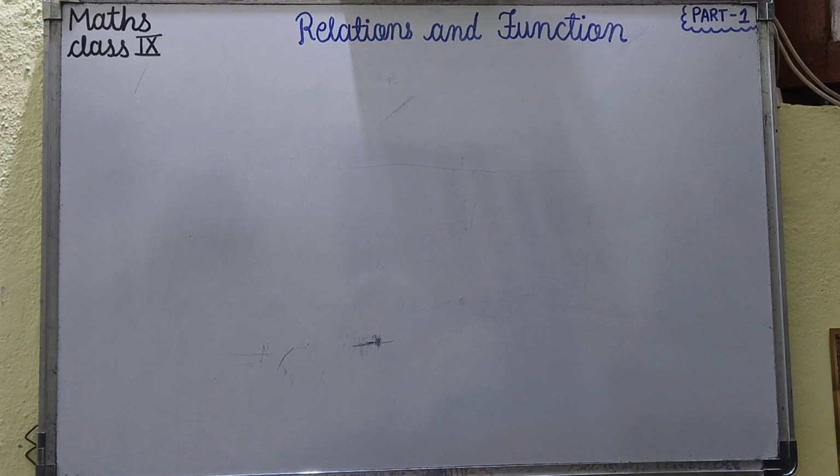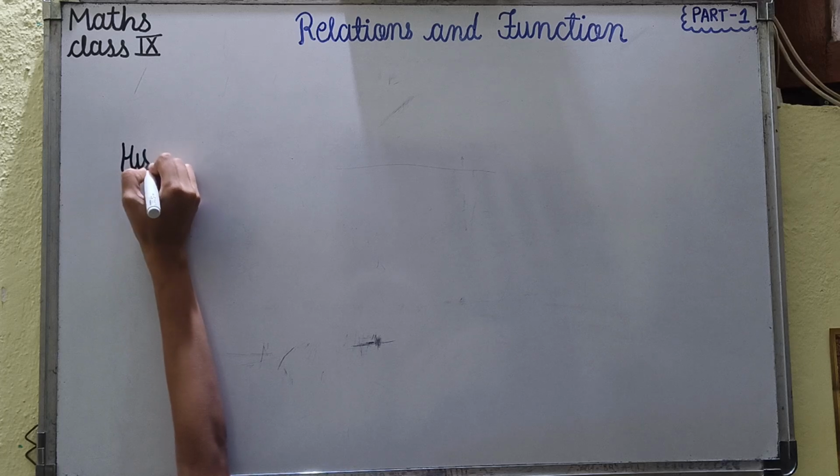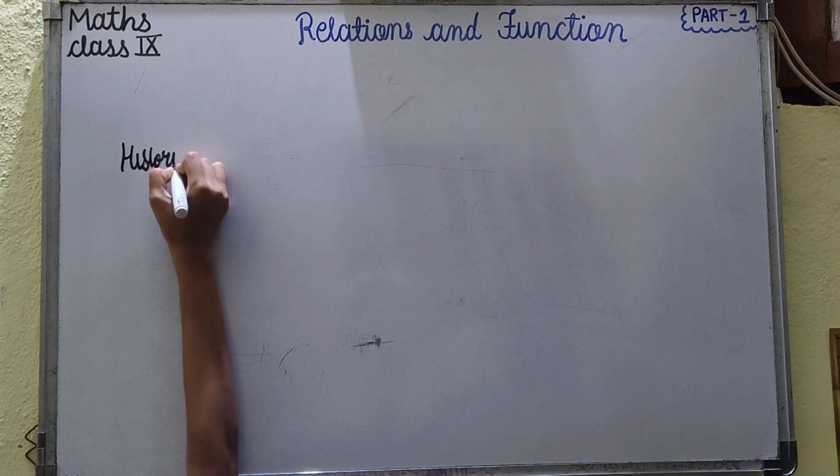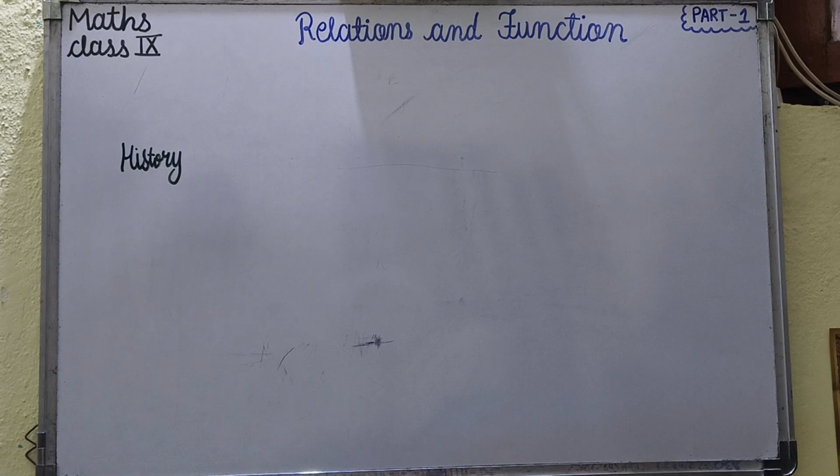So let us see the history. Set theory is the creation of one person, George Cantor. Due to his work, the set theory came to be put on a proper mathematical basis.